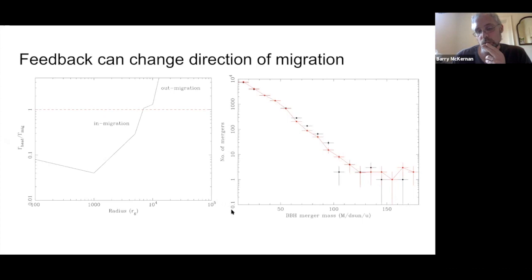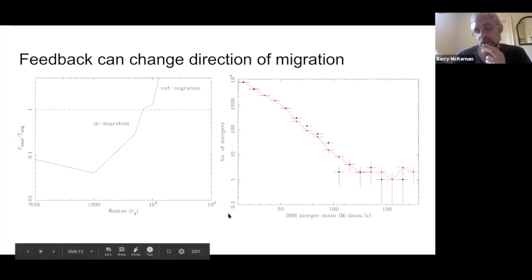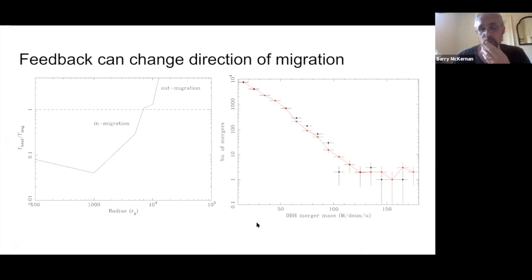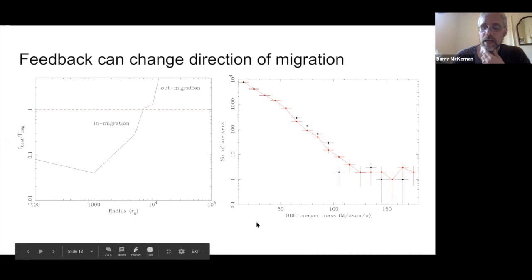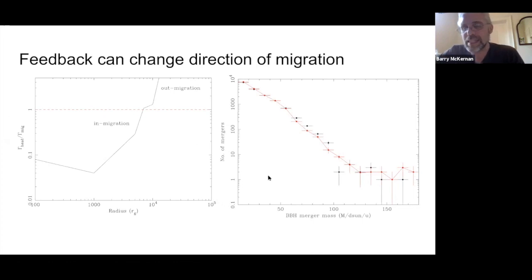So I applied this setup. I took the prescription and applied it to some of our Monte Carlo simulations just to see what would happen. The right-hand panel essentially shows you that it doesn't make that much difference.